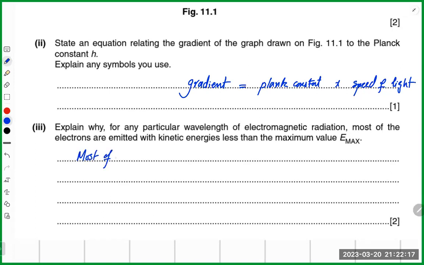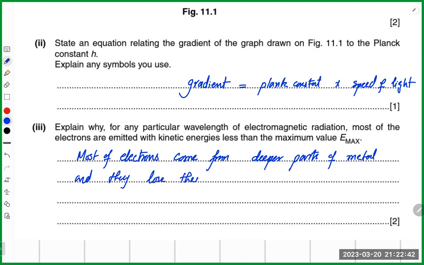Most of the electrons come from deeper parts of the metal and they lose their kinetic energy while reaching the surface.